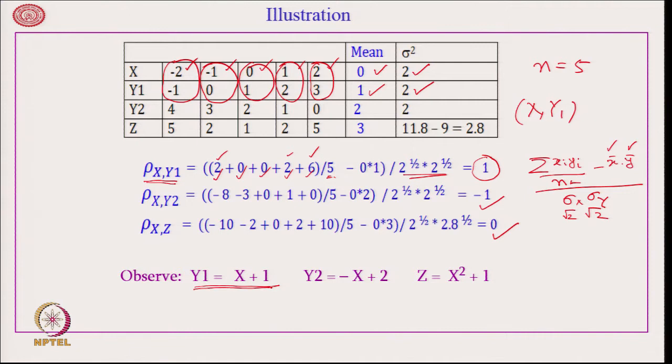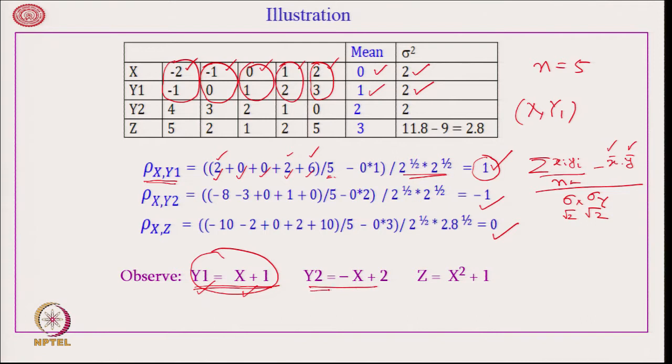That means y1 and x have a positive relationship. As x increases, y1 increases, as x decreases, y1 decreases, and they are perfectly linear. Therefore, the correlation is coming out to be positive, and because it is perfectly linear, its value is 1.